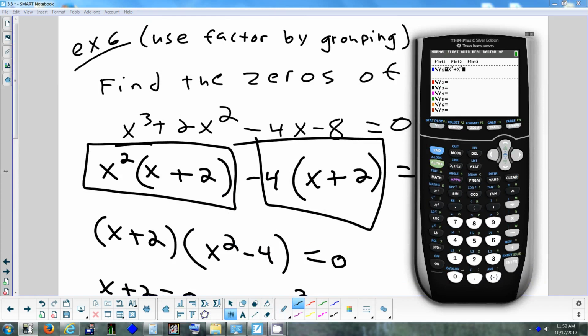Well, what are the spots it's going to cross again? -2 and 2. So it's only going to cross 2 times.